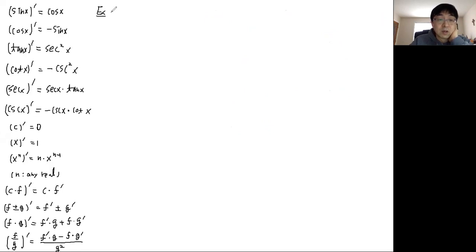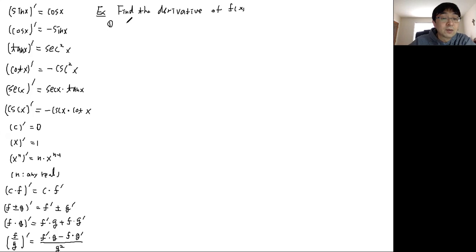In this example, find the derivative of the function f of x.